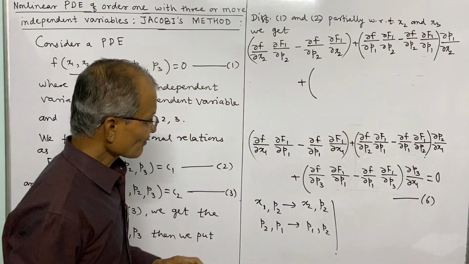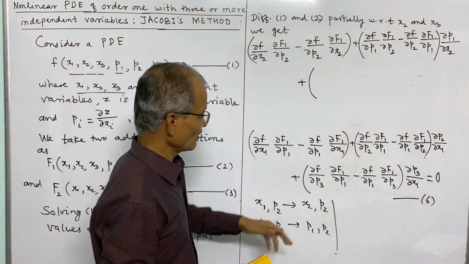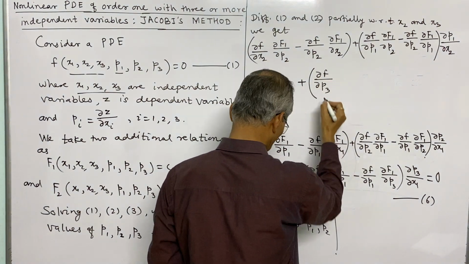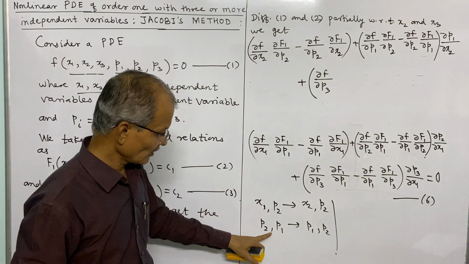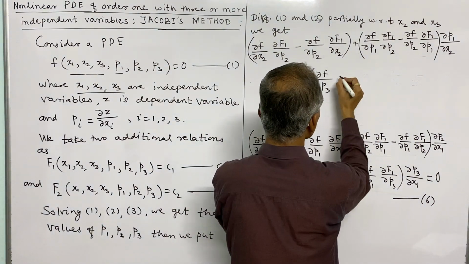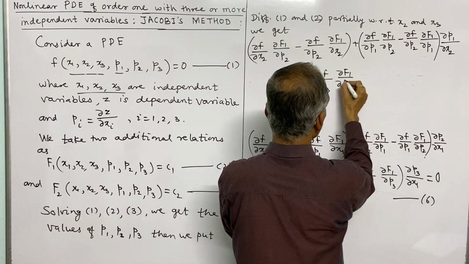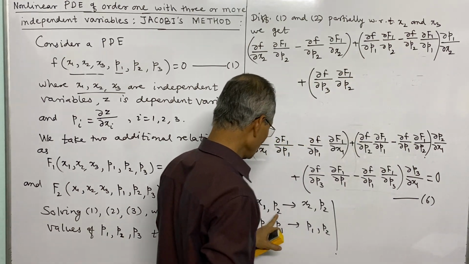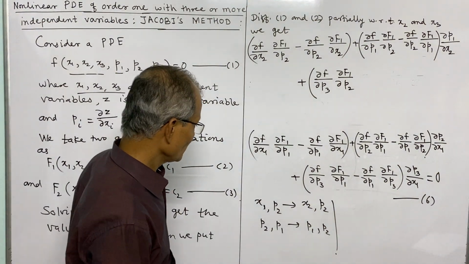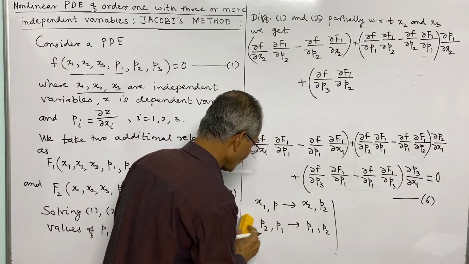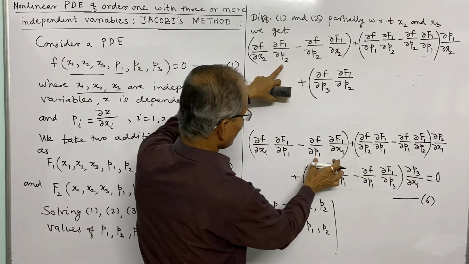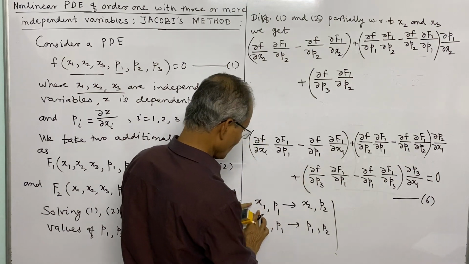the next will be this one, dou f by dou p3. There is no change in p3, only 1 2 and 2 1 change. So dou f by dou p3, this is dou F1 by dou p2. p1 changes to p2, see, and x1 p1 changes to x2 p2. p1 changes to p2, x1 changes to x2.